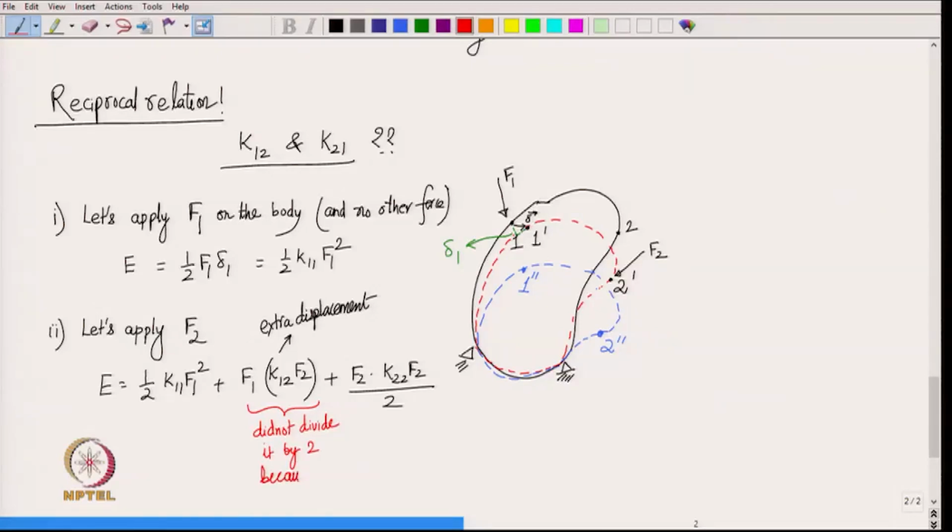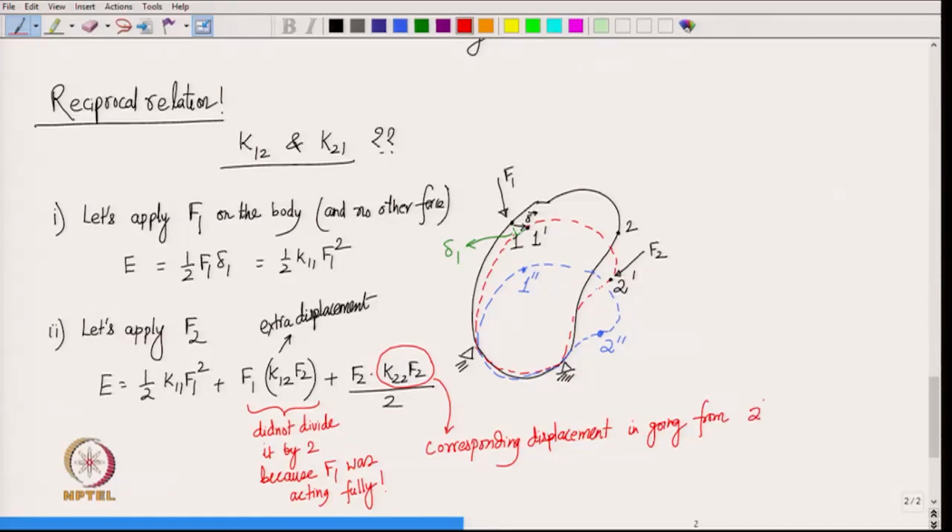Because F1 was acting fully. Okay. Whereas, this part is the corresponding displacement in going from 2 prime to 2 double prime and not from 2 to 2 double prime.